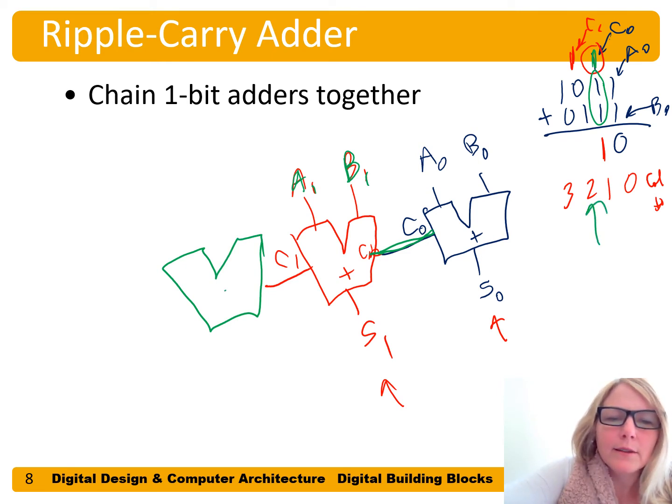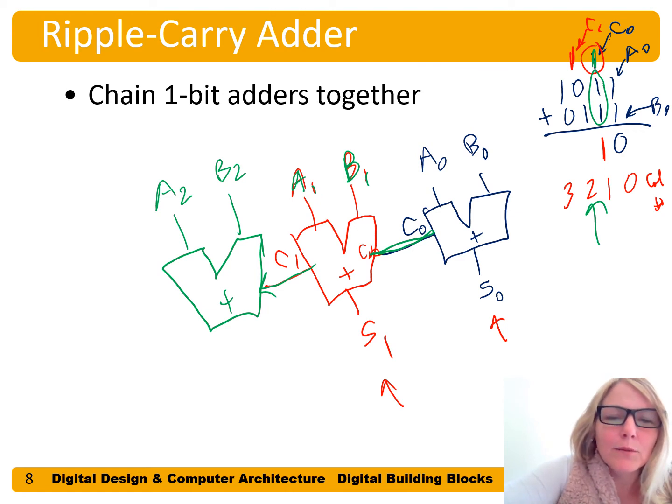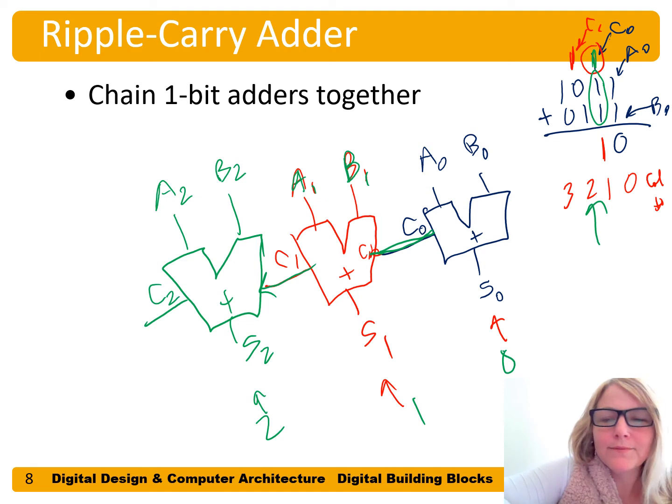Okay, same pattern here. A sub 2 and B sub 2, we're going to add those. We're going to add that to the carry out from column 1, which is the carry in to column 2. We're going to produce sum bit 2 and the carry out of column 2.